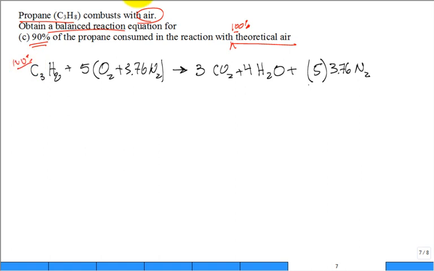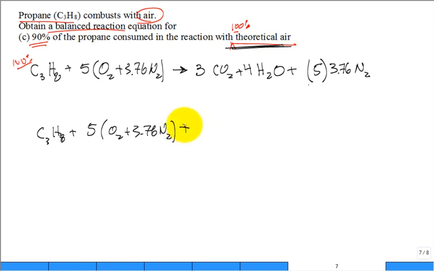Now modify. Do I modify the C3H8? Do I put maybe 0.9 here? No, leave it as a 1. Now, do I modify the 5 in front of the O2 plus 3.76 N2? It's still only the perfect amount of air if there would have been complete combustion.